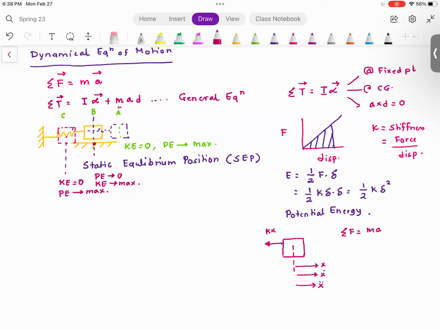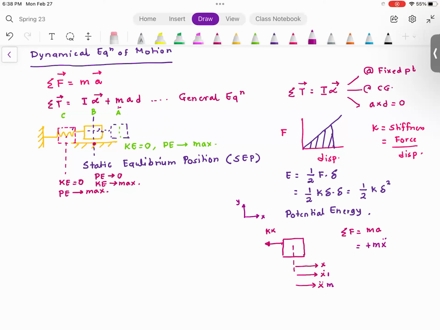Please understand, in my coordinate system, if my force is aligned with the positive x-axis, it's positive. If my force is aligned with the positive y-axis, it's positive. Let's see here. Can you see that my m x double dot is going towards the right? So it is positive. You agree with me?